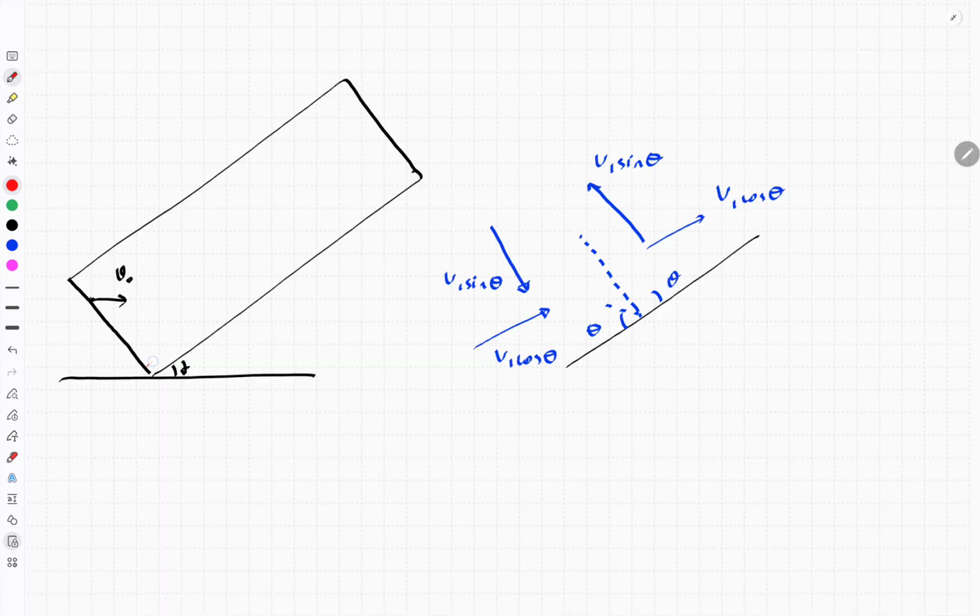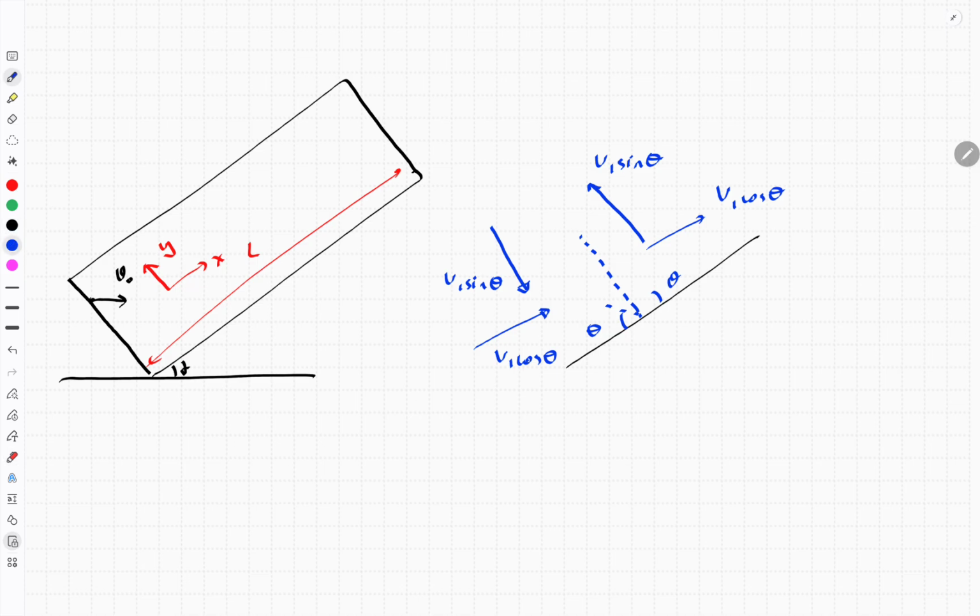So this is a distance L, and let me assume this is our x direction and this is our y direction. Since we have x and y in this direction, it's better to write our velocity in terms of these components.